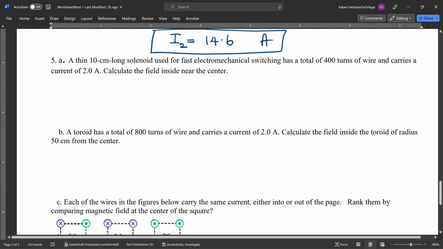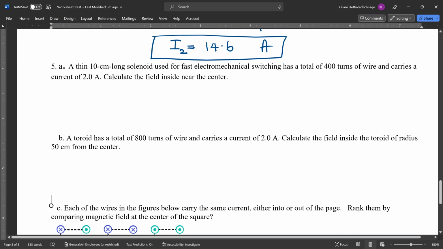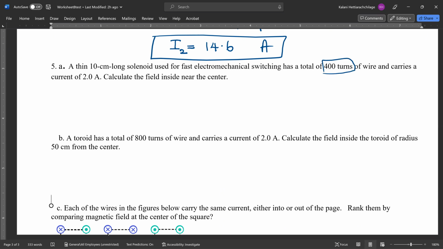So part A is saying a thin 10 centimeter long solenoid used for electromechanical switching has a total of 400 turns and carries the current this much. Calculate the field inside near the center.